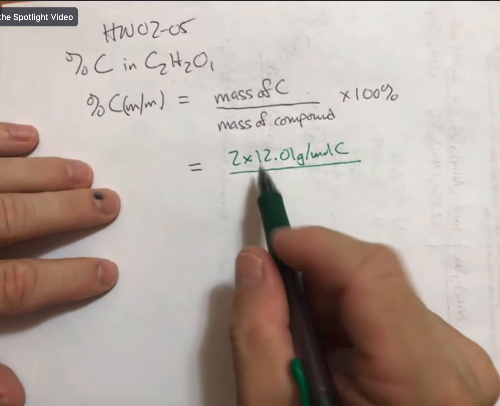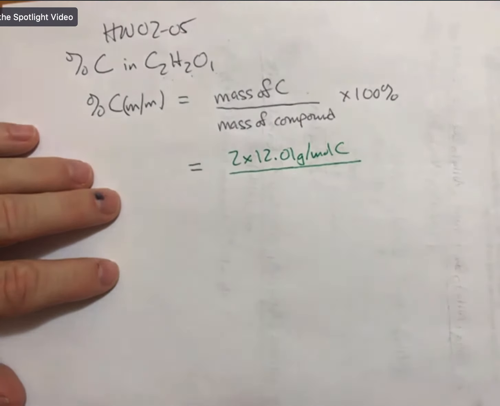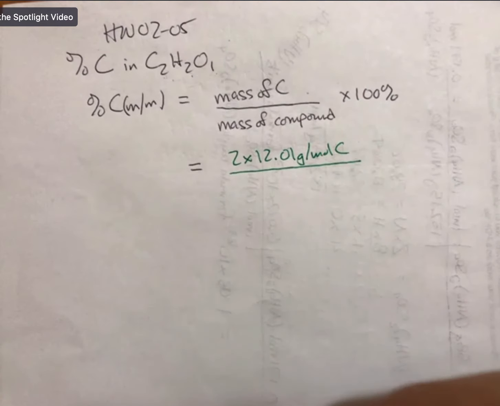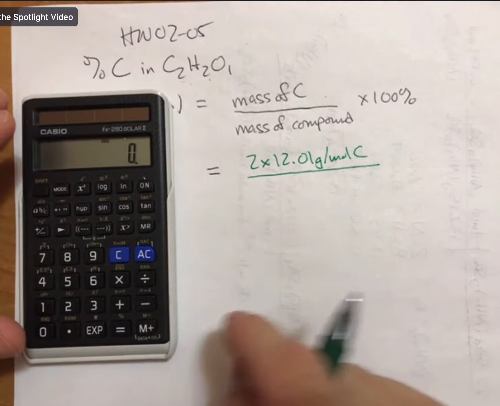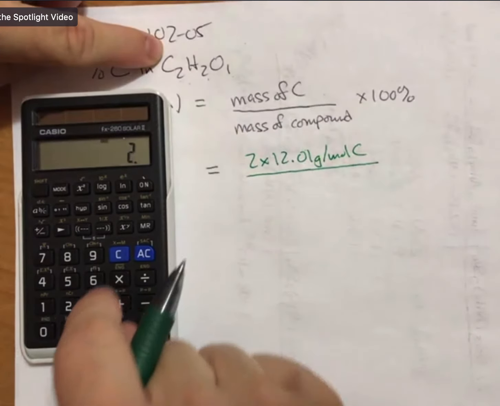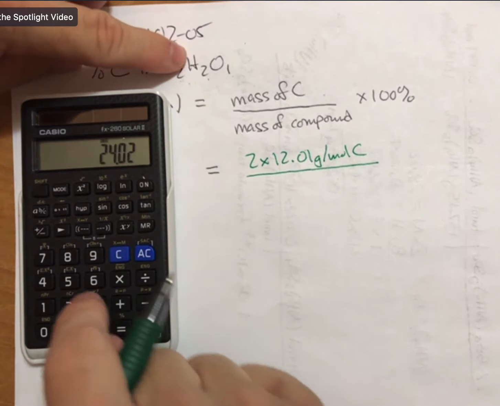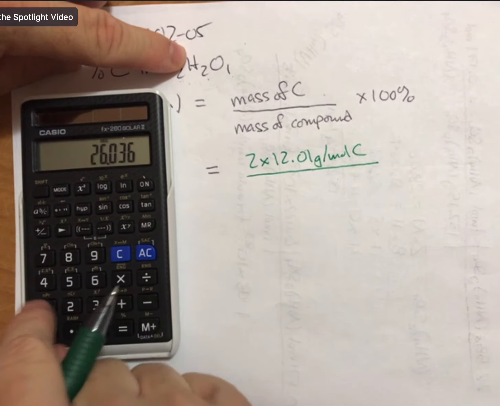And in the denominator, 2 carbons, 2 hydrogens, 1 oxygen. I might as well just multiply that out. So again, these are the numbers from the periodic table. So for carbon, it's going to be 2 times 12.01 plus 2 times 1.008 for hydrogen plus 16.